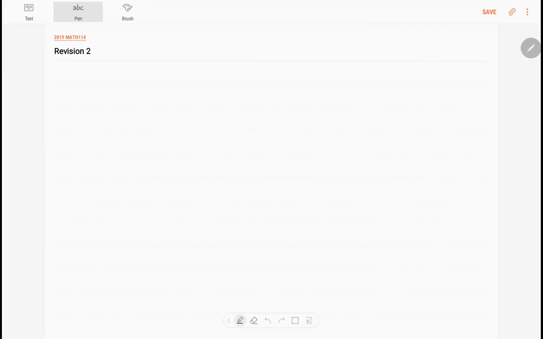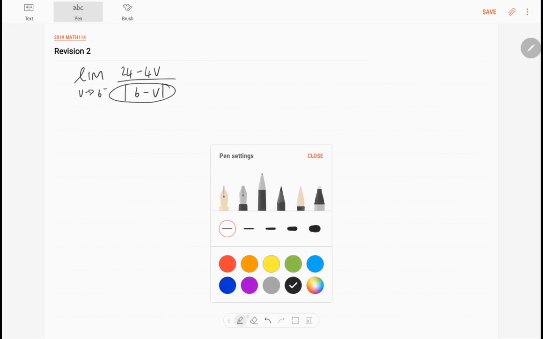So let's just write down that limit again. We have the limit as v approaches 6 from the left of 24 minus 4v over the absolute value of 6 minus v. So let's just quickly look at the absolute value of 6 minus v.